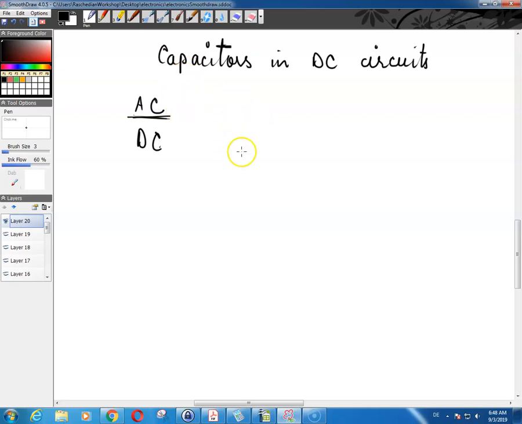A capacitor is used in a DC circuit mainly as a temporary battery, for example. You know that a battery creates some sort of potential difference in a circuit.